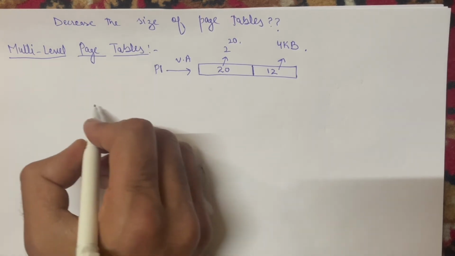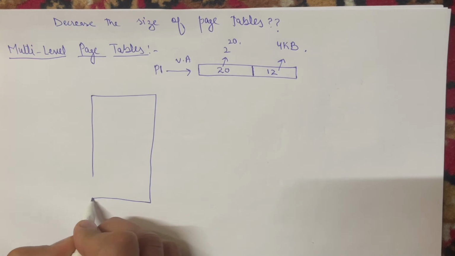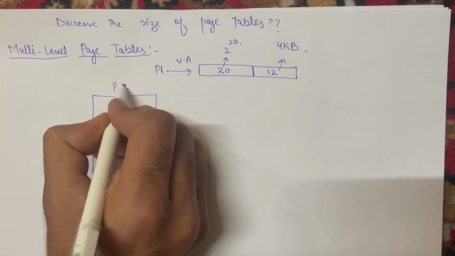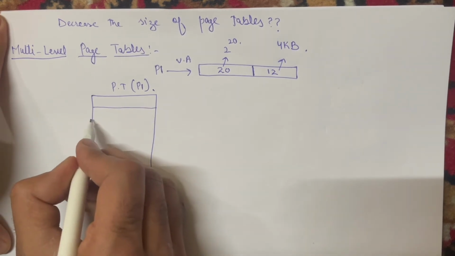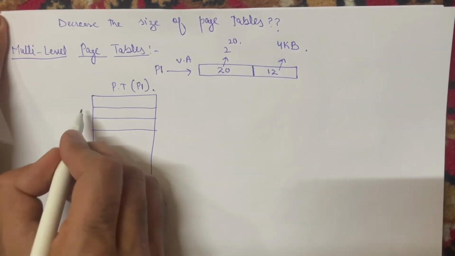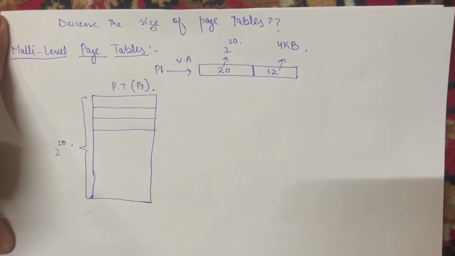This is the page table of P1. How many entries will be there? 2 raised to the power 20 entries.